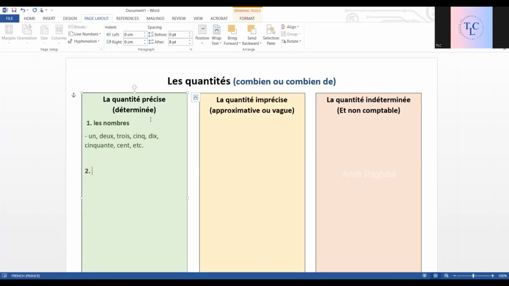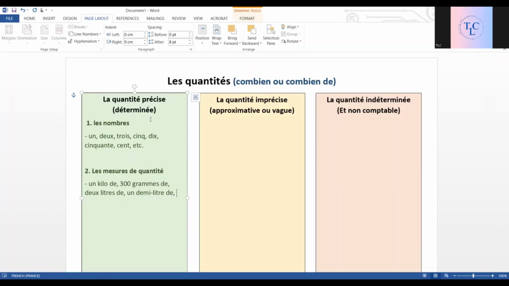Then we have not the number but the measurement, les mesures de quantité. It can be 1 kilo de, 300 grammes de, or 1 litre de, 2 litres de. Then we have un demi-litre de.